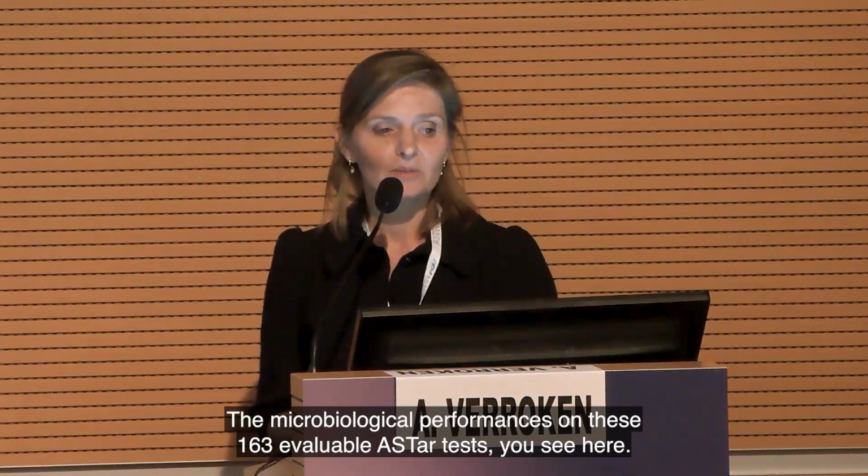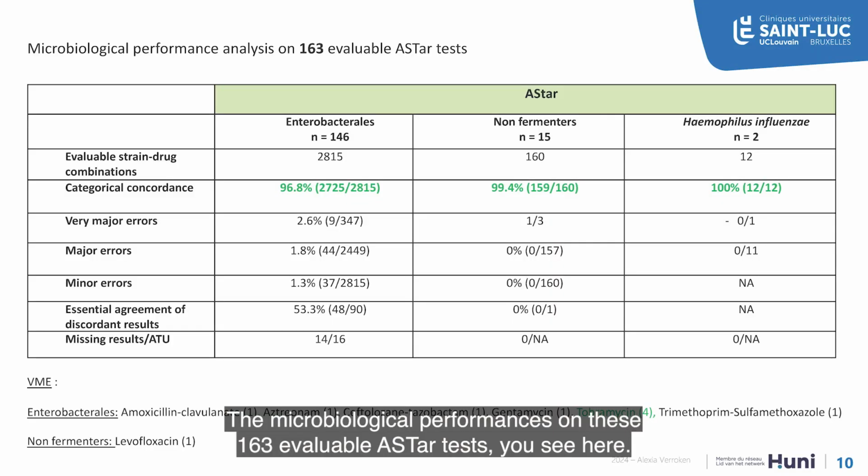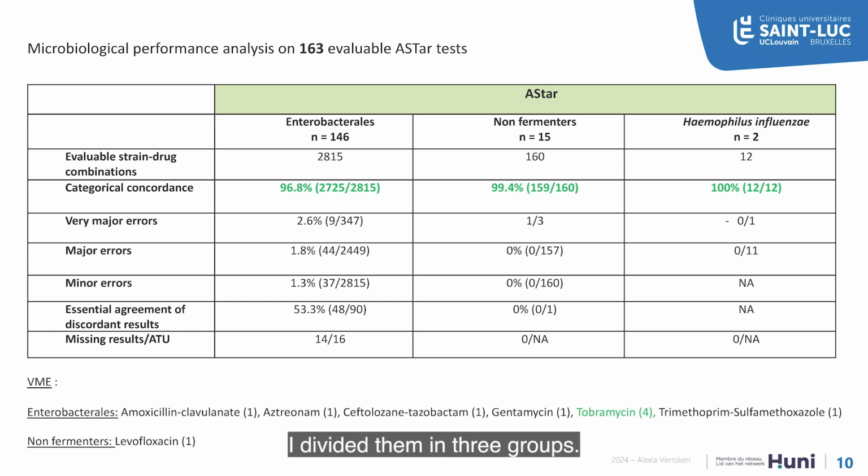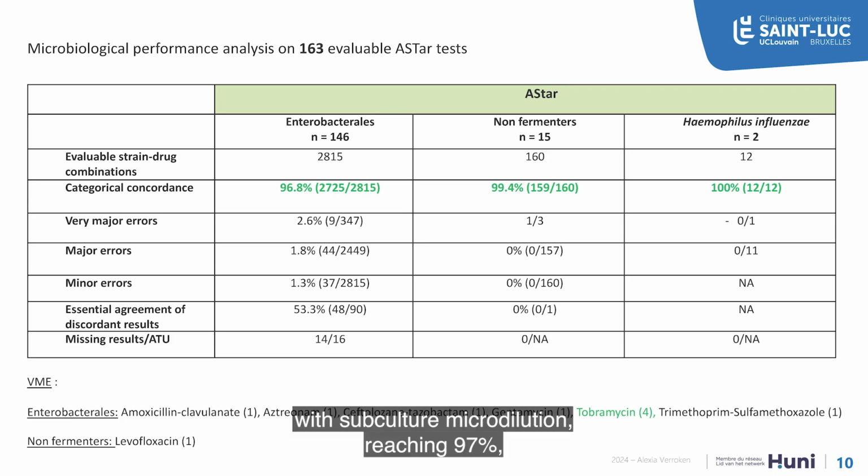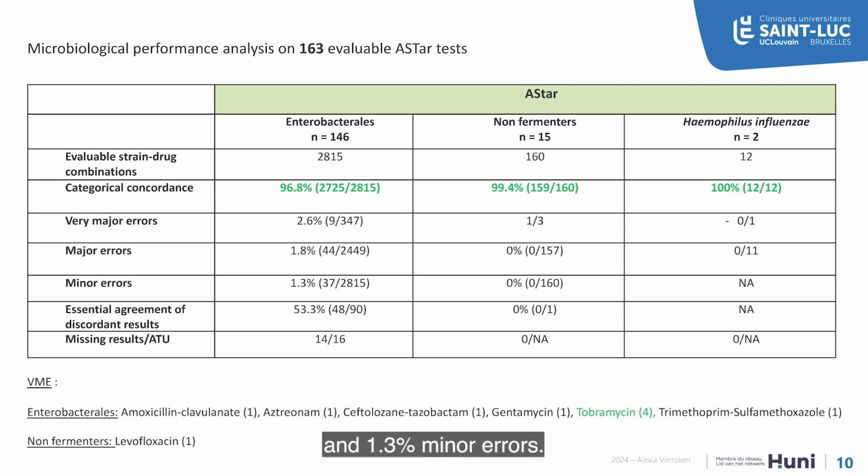The microbiological performances on these 163 evaluable ASTar tests, you see them here. I divided them for you in 3 groups. We look first at the Enterobacterales, 146 positive blood cultures, a very nice categorical concordance with subculture microdilution reaching 97%, 2.6% very major errors, 1.8% major errors, and 1.3% minor errors.